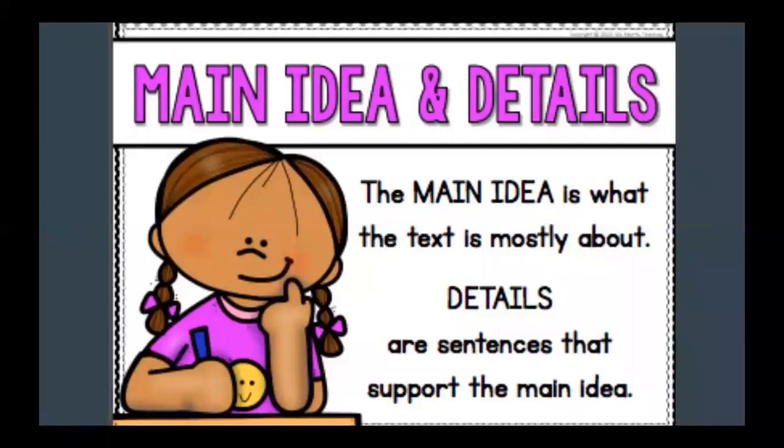If you said it's that the flag, the bell, and the eagle are all symbols of the United States, you are correct. And remember, think back to some of the important details that you remembered that help you support the main idea. All right. Great job in figuring out the main idea and details of a story this week, boys and girls.